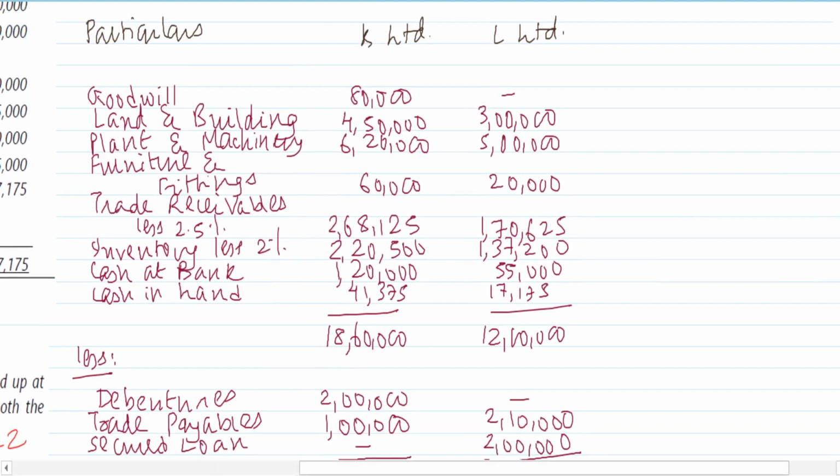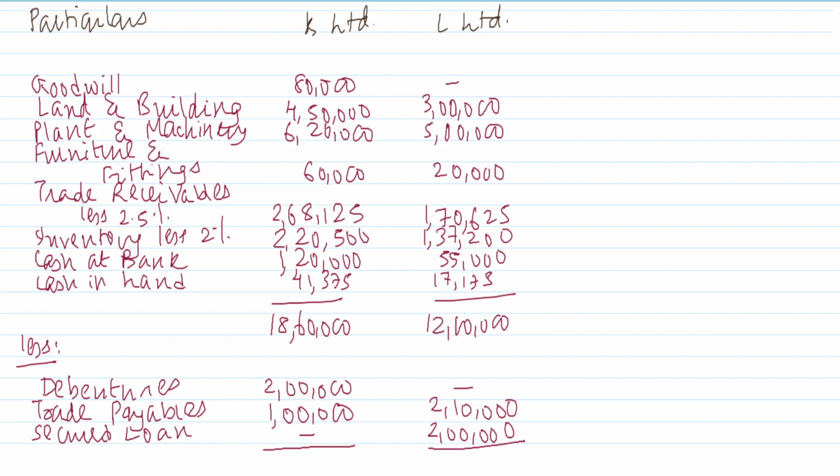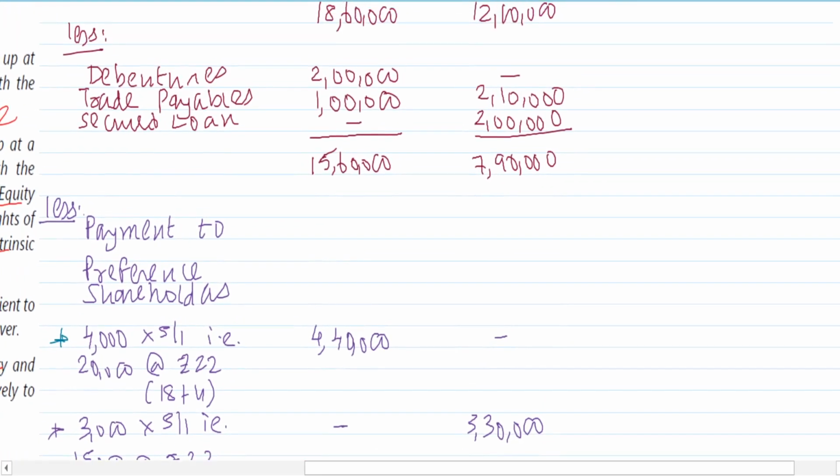I'll give you a full view of the working now. This is the place where, if necessary, you may pause the video. If you have missed out anything over here, pause the video, complete it. Yes, this is the further working which is there.